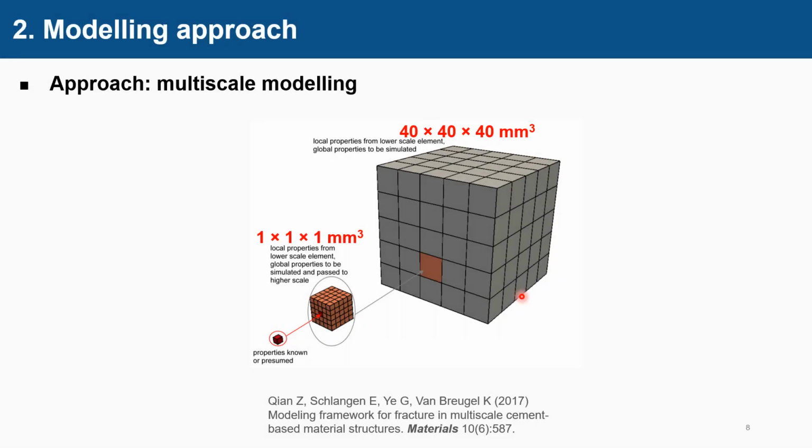The cubic we are interested in has a net length of 40 millimeters, far larger than the dimension of SAP voids. So we use the so-called multi-scale modeling approach. That is, we kind of break the cube into smaller cubes. When we have got the strength and modulus of the small cubes, we integrate them into the larger one.